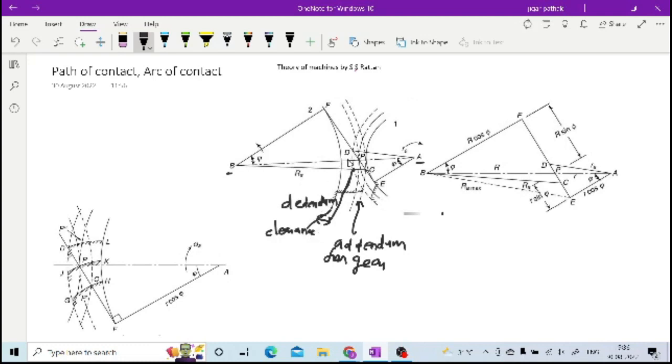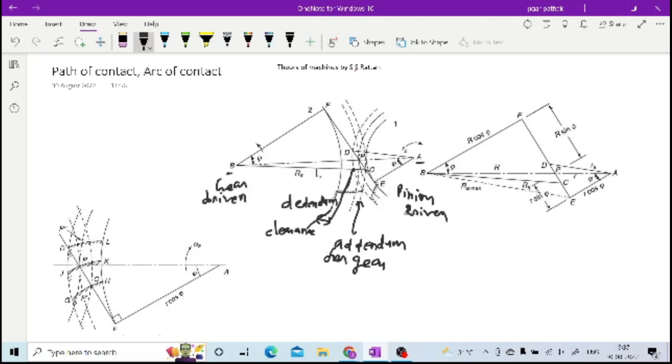So this is how this particular point F is on the base circle of your gear, and this particular point E is on the base circle of the pinion, right? You can say this is the pinion and this is the gear. The pinion is your driver, and the gear is driven.